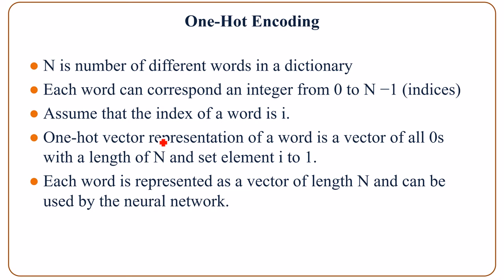We have the one-hot vector representation of the word, which is a vector of all zeros with a length of n, and the ith element is equal to 1. So then the word can be used by the neural network.